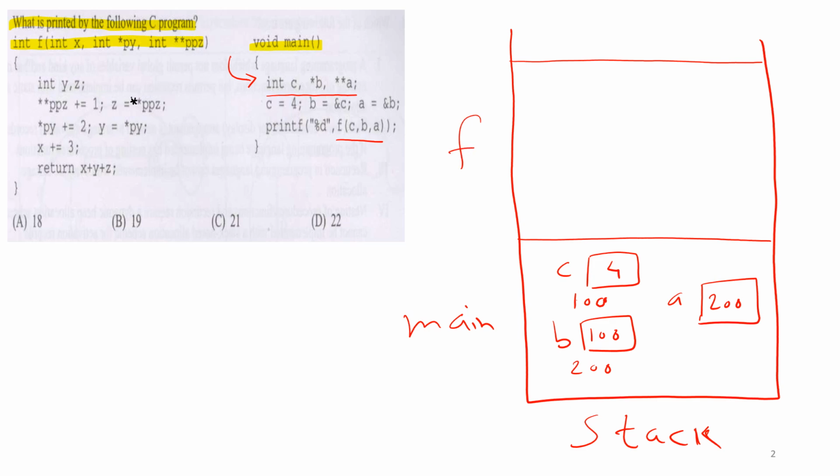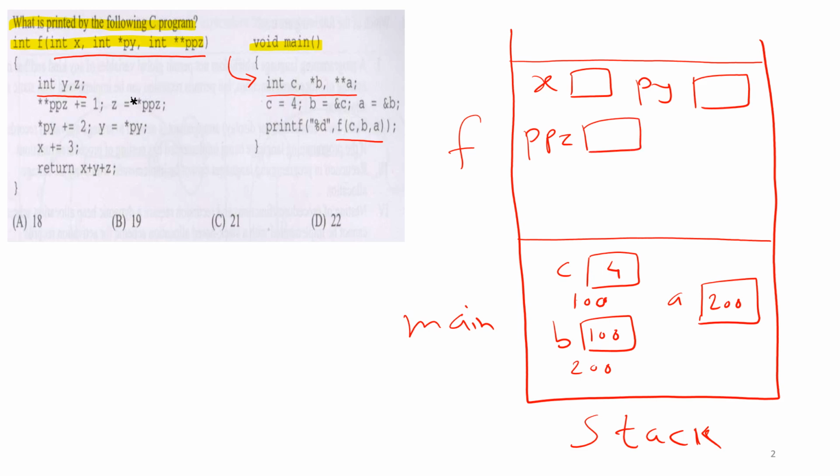It will contain memory for x, py and ppz. Along with that, it will also contain memory for y and z. So here is x, here is py, here is ppz, and then we also have memory for y and z.